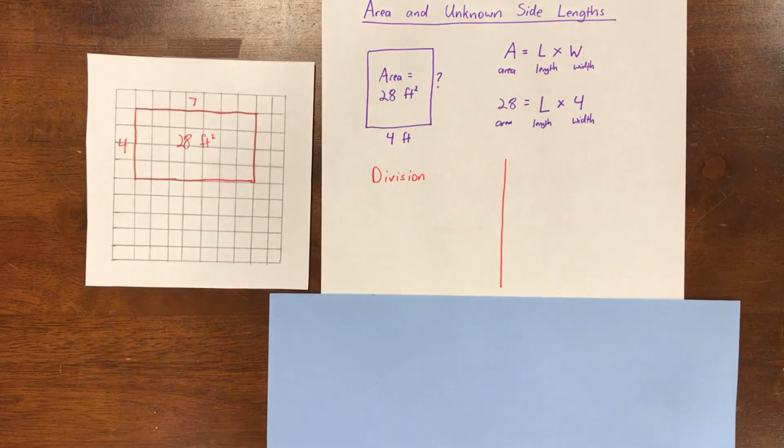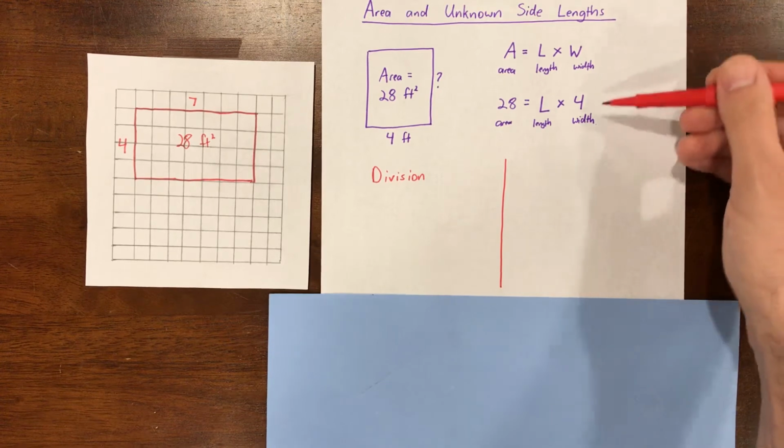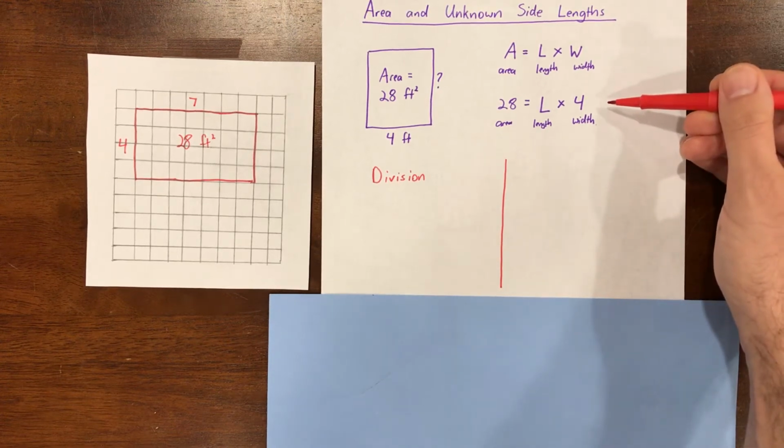Okay, how would it work to use division with the area formula to find our missing length? Go ahead and say it out loud. Yeah, we know that area equals length times width. So we know that 28, which is the area, equals the length times 4.